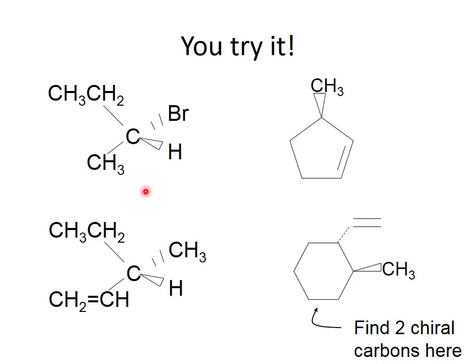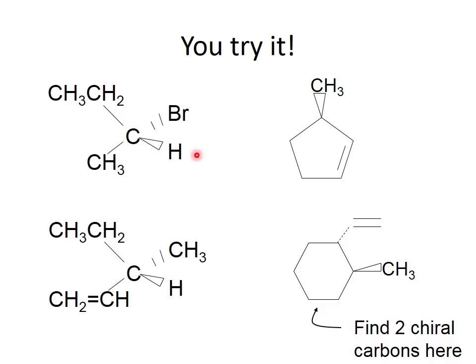Okay, so let's start with this molecule up here. Assign priorities to each of the groups and then determine whether it's R or S. Pause and then resume after you've figured it out.